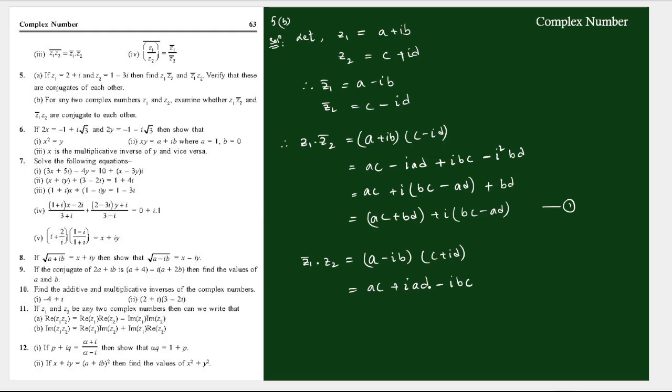Then what do we find? Minus i square BD. So minus will be plus. So AC plus BD we can write here.